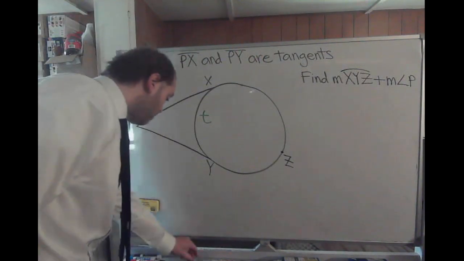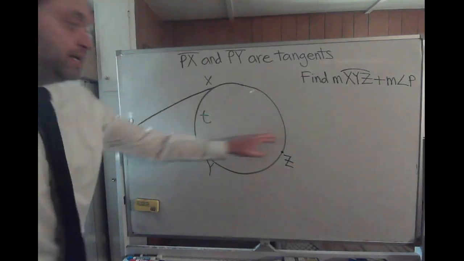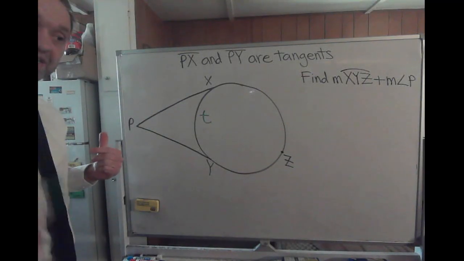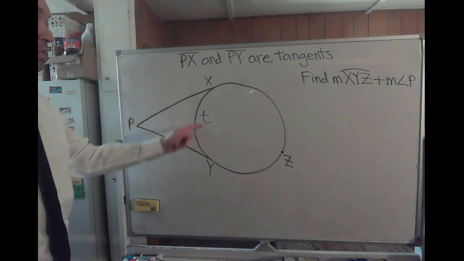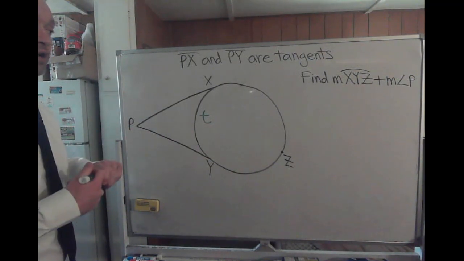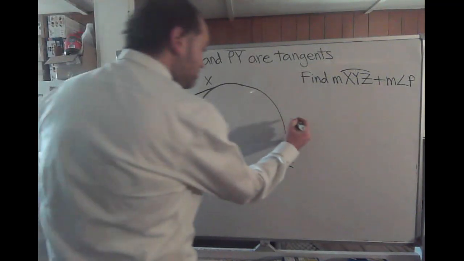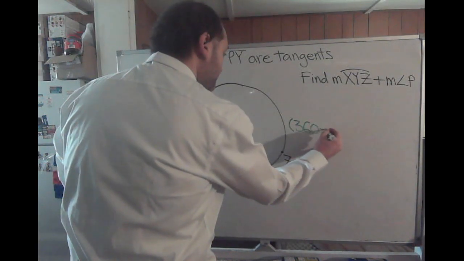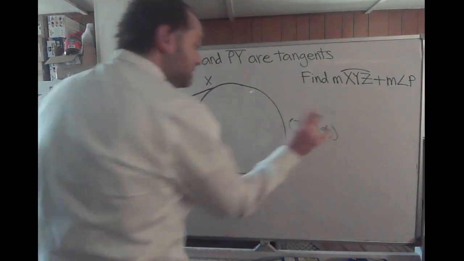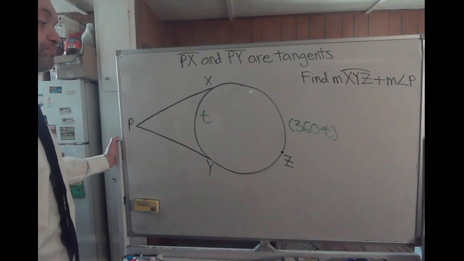So what do we know about finding the major arc? It's 360 degrees minus the minor arc, right? Well, if you just have t for your minor arc, all that the major arc is going to be is 360 minus t. That's the best we can do for it.